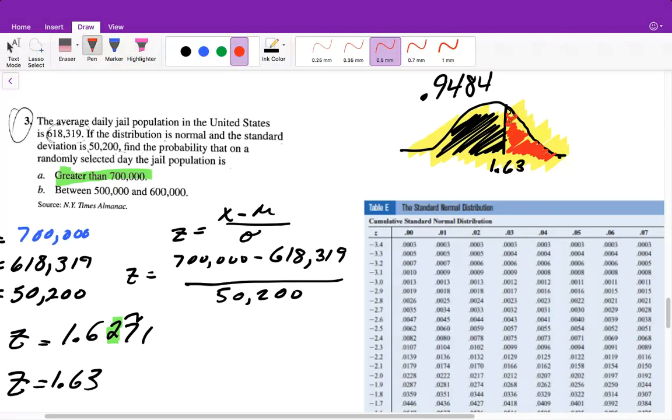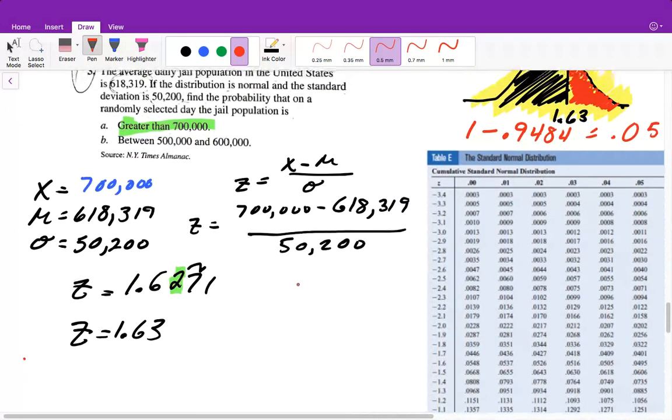So if we want to solve for the area to the right of this, or the complement to the area with our table, we will then need to do 1 minus 0.9484, which is equal to 0.0516. So that means your answer, the probability, is 0.0516, or you can write it as a percentage, 5.16%. I don't care which way you write it. Either way, you will get full credit.